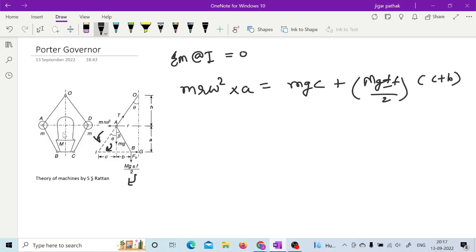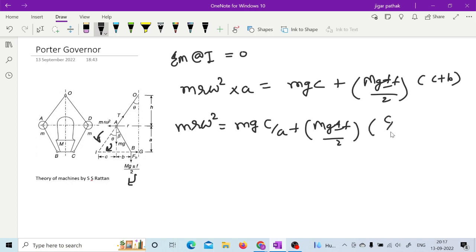right? So if you simplify this further, you can have m r omega square is equal to mg c by a plus mg plus or minus f by 2 into c by a plus b by a.